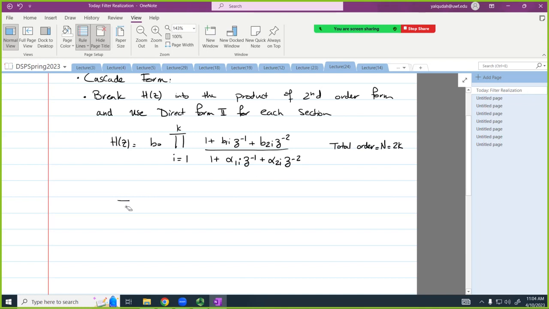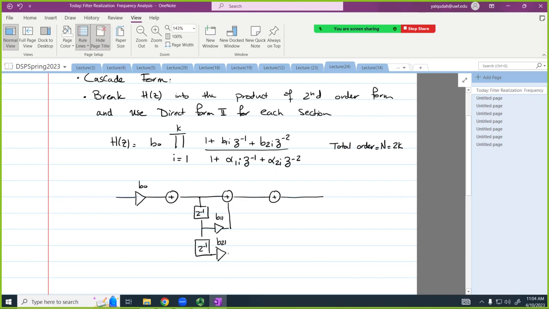We're going to take b0, and then we're going to take a delay, and then we're going to have b11, and we're going to have negative alpha 1,1, negative alpha 2,1, and you add them together. And the second block is going to look very similar to the first one.